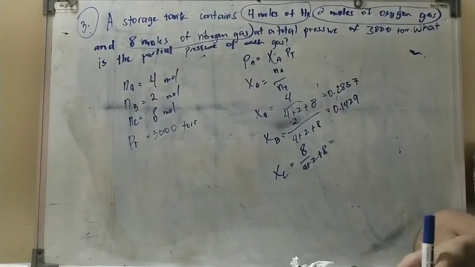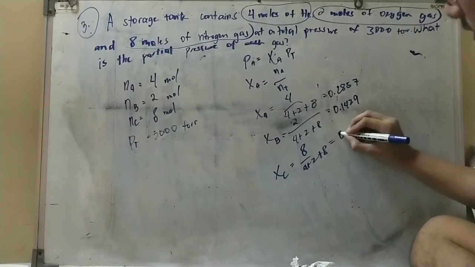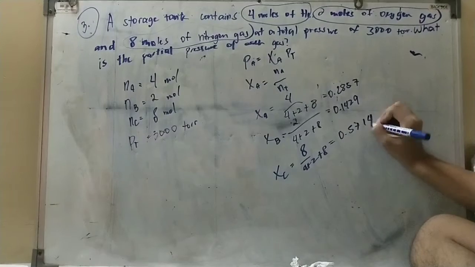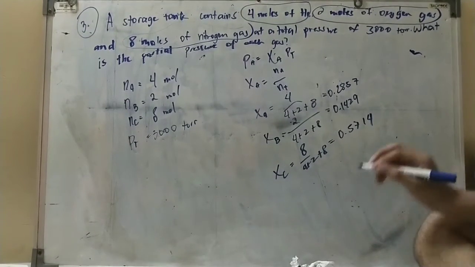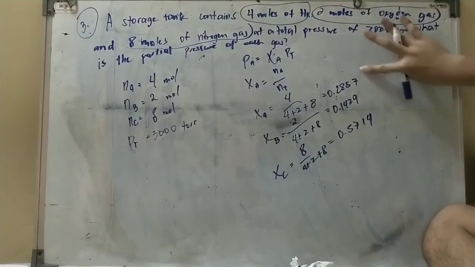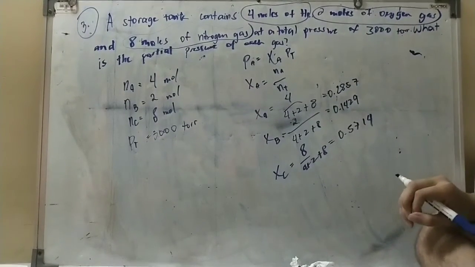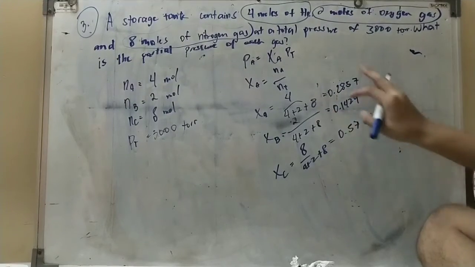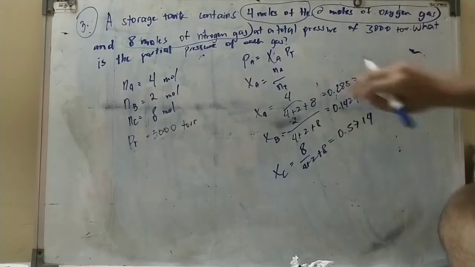So 8 divided by 14 is 0.5714. Now, to check if our solution is right, if we add these values, it must always equate to 1. After we get the mole fractions, you just need to multiply them with the total pressure.